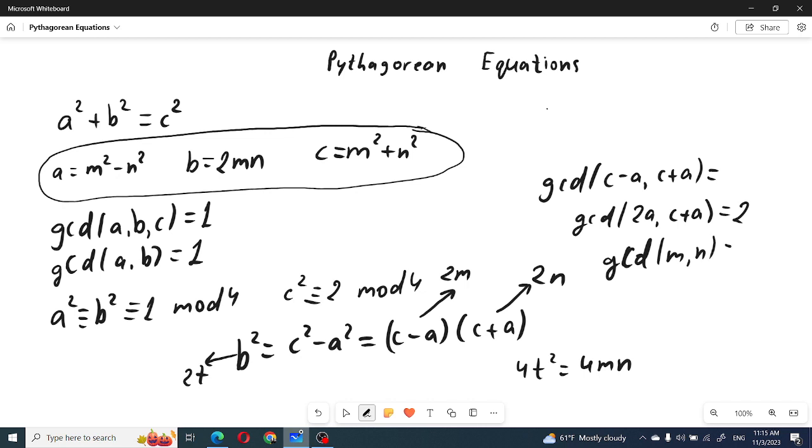They must be coprime numbers because they are half of c minus a and c plus a. From here we can conclude that if we cancel out the 4's, we get that t squared equals m times n. m and n are two coprime numbers, which means that both of these must be perfect squares. m equals x squared and n equals y squared for some positive integers x and y.